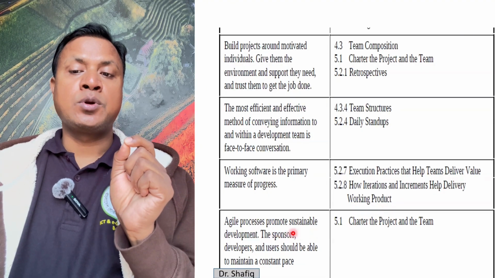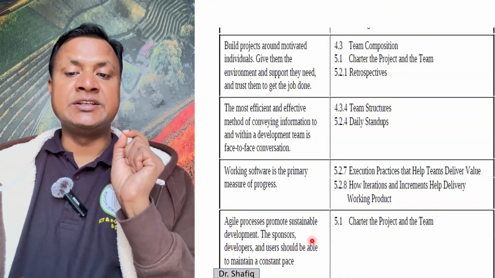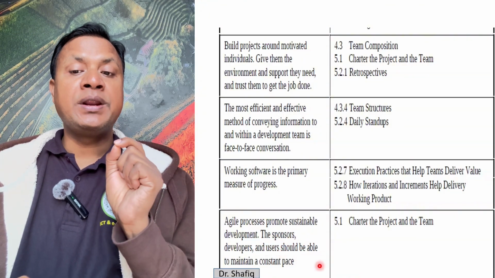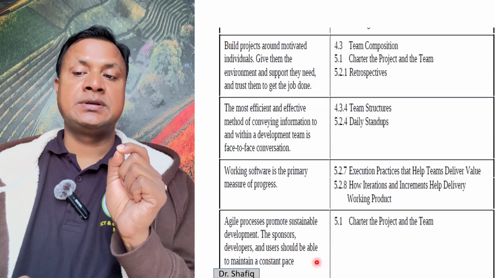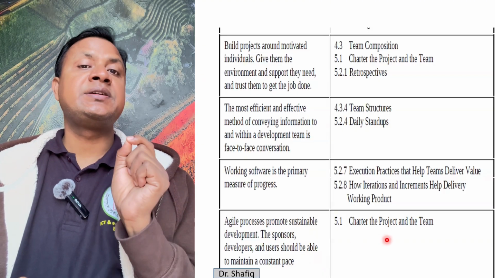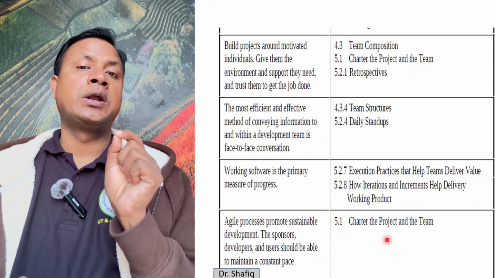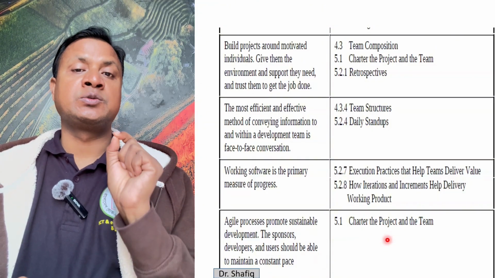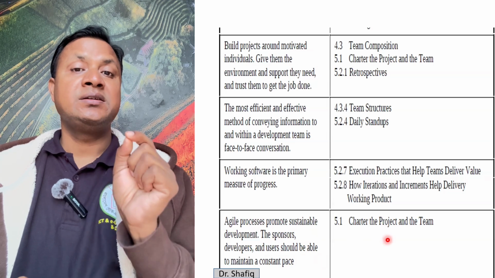The agile process promotes sustainable development. The sponsor, the developers, and the users should be able to maintain a constant pace. So we should have the project charter and team charter so that we work strictly, accepting the stakeholders' view in each iteration, in each sprint.